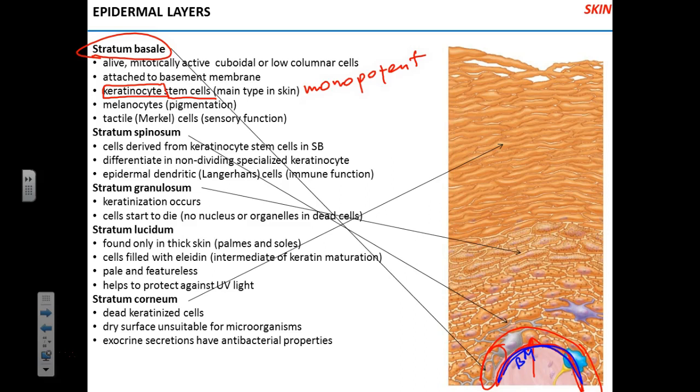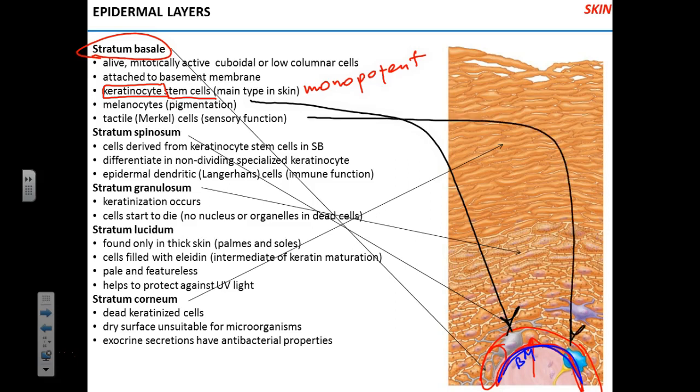Along with the live and mitotically active keratinocytes in the stratum basale, a Latin term where stratum is layer and basale is basal, it also consists of melanocytes, the pigmentation cells, and Merkel cells, which are responsible for sensations.